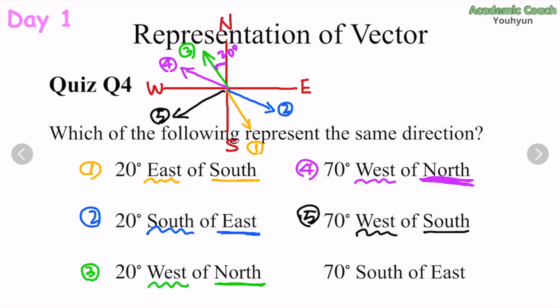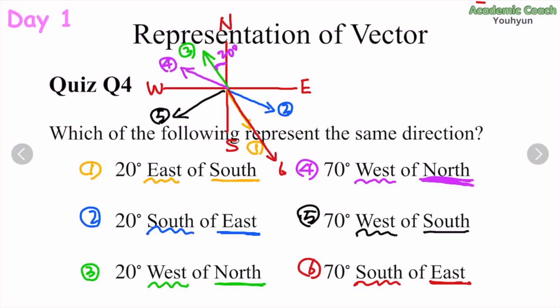That means the last one must be of the same direction with one of these five. So the very last one, direction number six, 70 degrees south of east. So let's point toward east first and then move towards south. So this is east. And then now let's move toward south by 70 degree. Okay. Then it should be pointing at this direction.